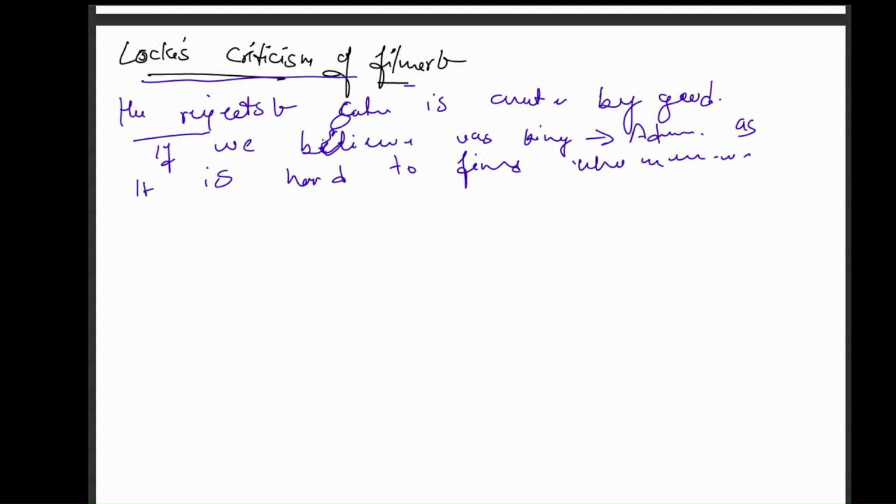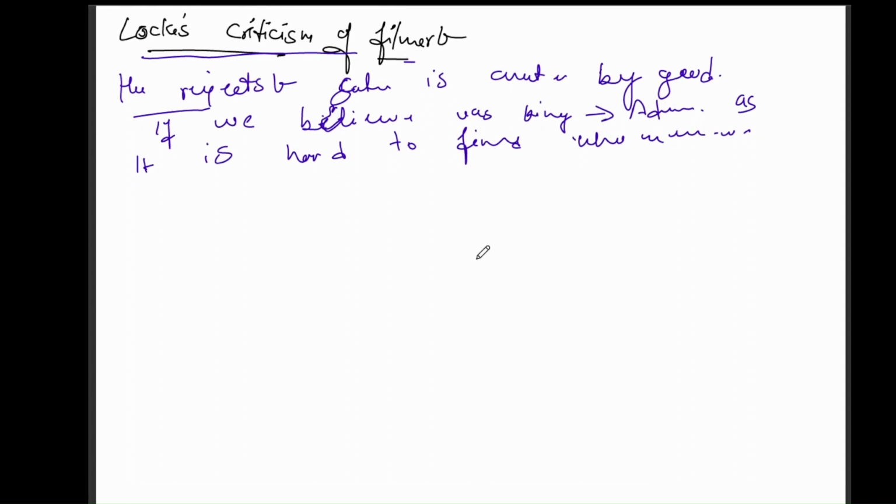There are more troubles. So he suggests that rather than looking for a king, look for the state authority.